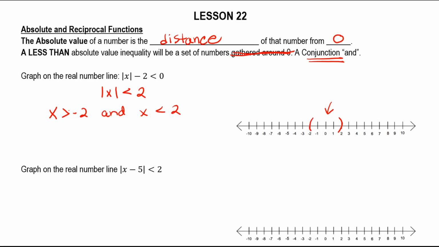And it sounds weird to say that x is greater than something, but if you think about negative numbers, the bigger the absolute value of a negative number, the less it is, we say, because it goes to the left. But in order to get closer to 0 on the left side of the number line, you've got to become greater. So getting close to 0 depends on which side of the number line you're on.